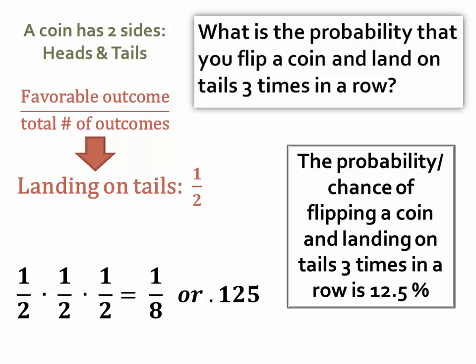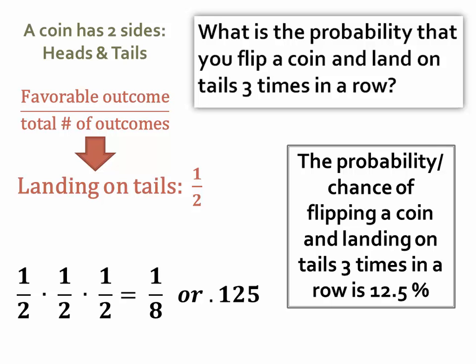Now, some of you added. The only time you would add is if it said this happening or this happening. And means multiply, or means add. Because the chances of me eating here or going out to eat is greater than the chances of me eating here and going out to eat.